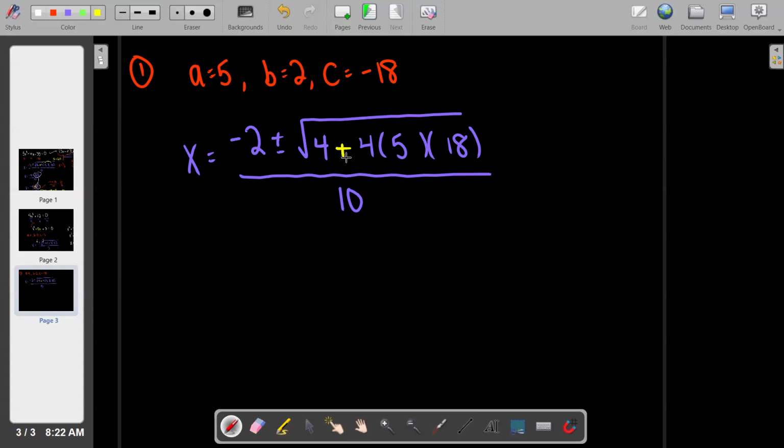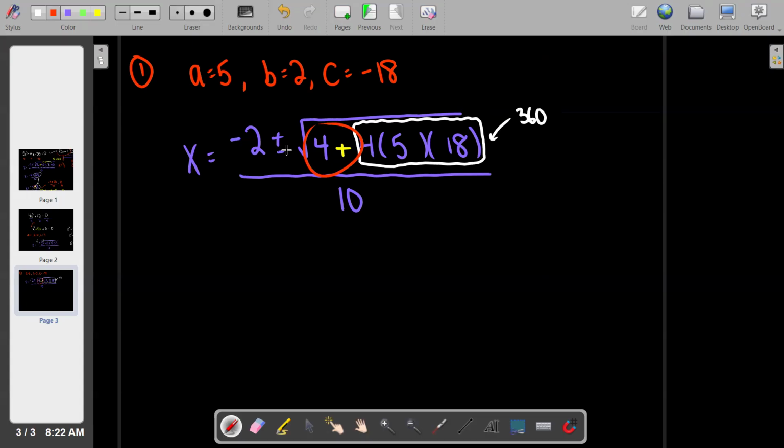Okay. So at this point, you probably use a calculator to assist you with the math. You're going to do 4 times 5, which is 20. And then you're going to do 20 times 18, which I believe is 360. And then you're going to add 4 plus. By the way, from my experience, a lot of points get taken off in this unit because people forget about what I just circled in red.